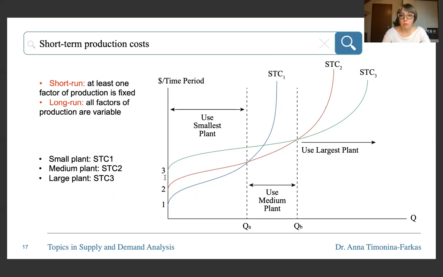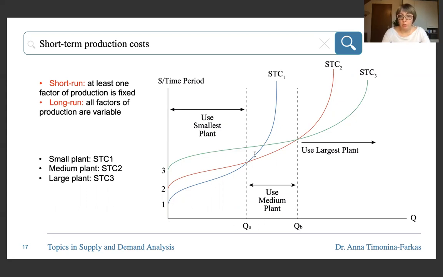And there is a third plant, which is the largest one. You pay a lot for it right now, but at the same time, it allows you to reduce your dollar cost per time period in the long run. Obviously, before you reach the production quantity QA, you need to use plant 1.